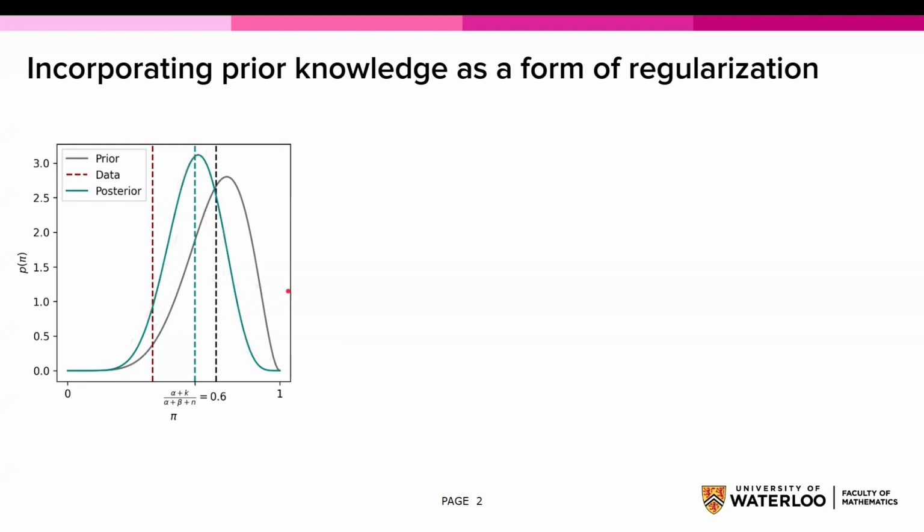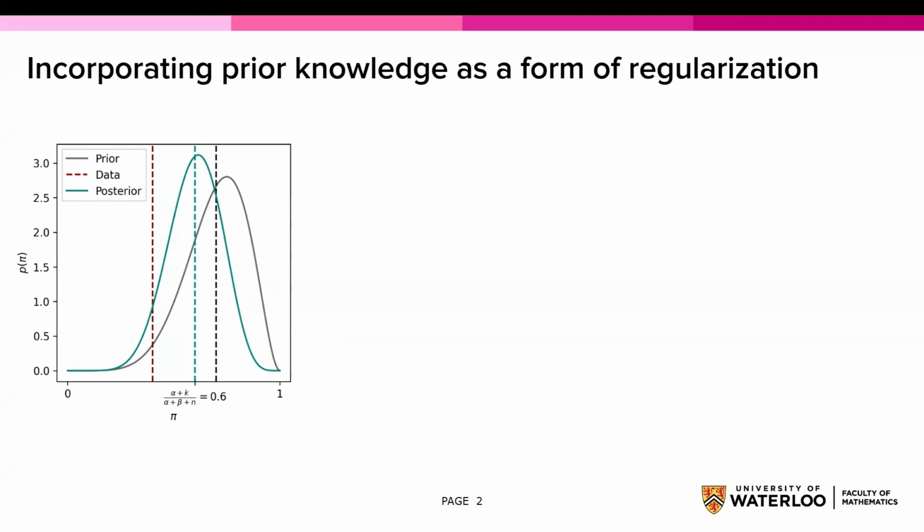This process gave us a more confident estimate of the parameter value, and the posterior reflects our updated belief after seeing the data, where we use Bayes' rule.